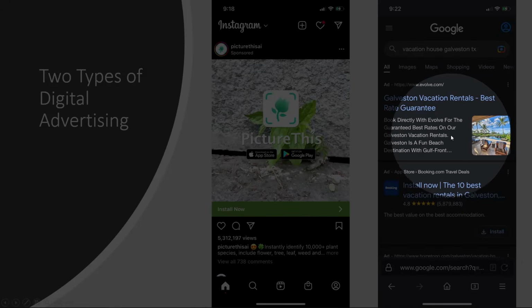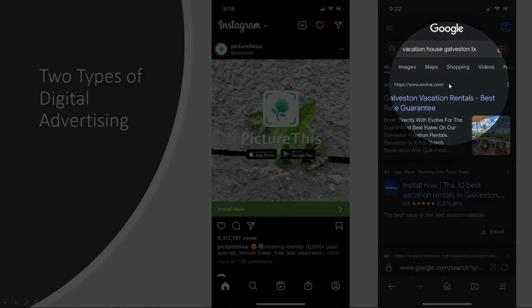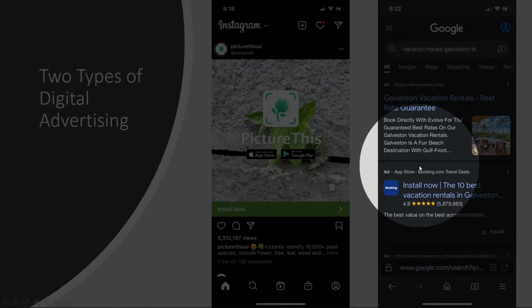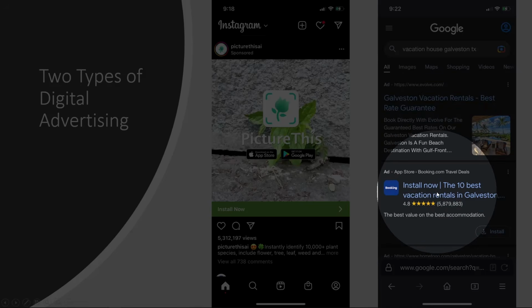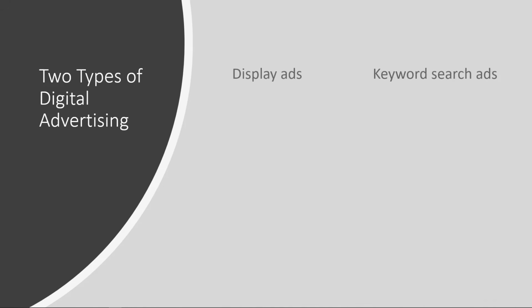On the right-hand side is what we call keyword search advertising, and keyword search advertising usually shows up on search results. So in this case, I've searched for vacation house, evolve.com, and then you also see additional advertising of booking.com. So the two types of advertising are display ads and keyword search ads.